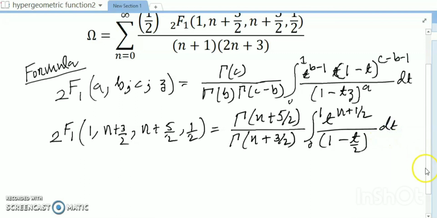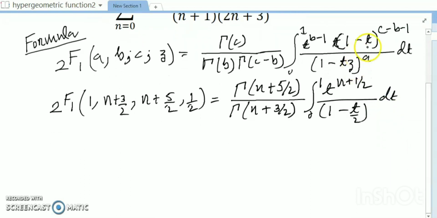Because a is equal to 1, and c minus b equals 1, so c minus b minus 1 equals 0.